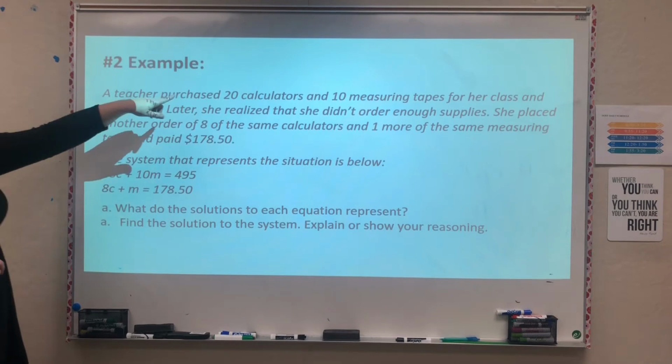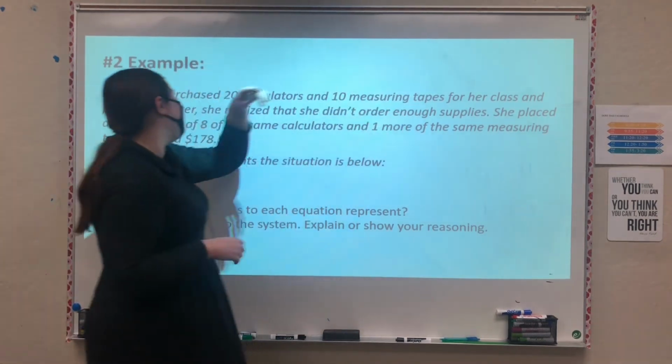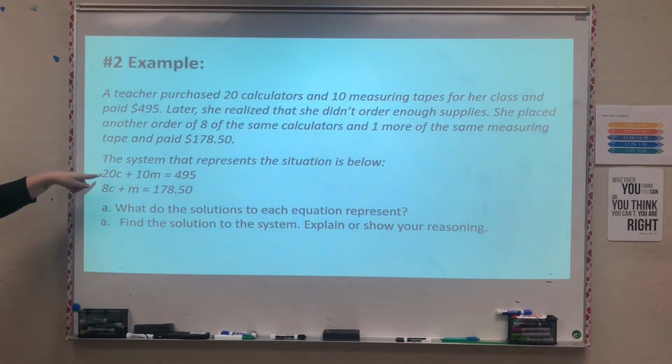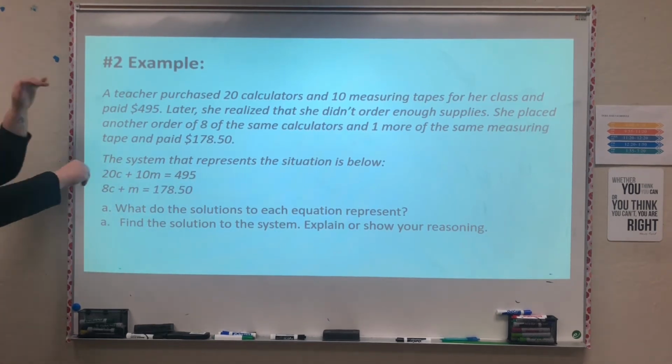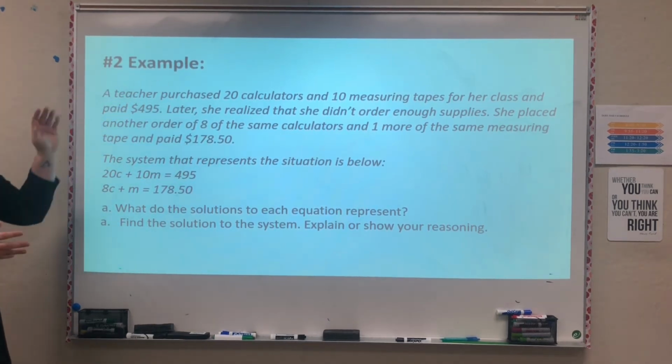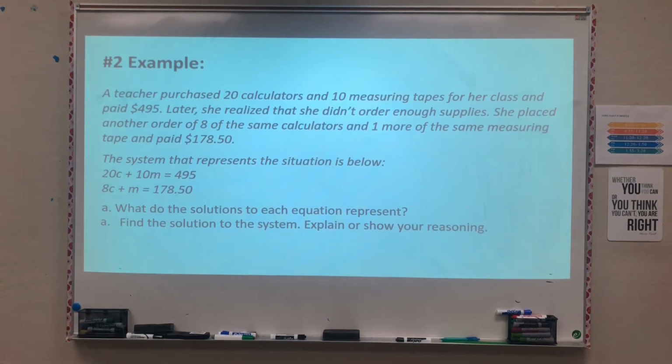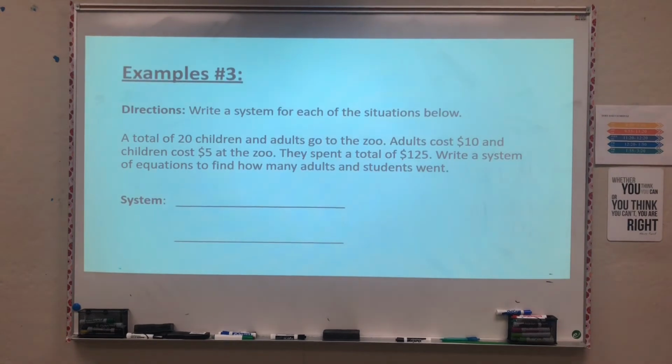So here we've got the 20 calculators, 10 measuring tapes, total cost. I can see that sentence right here. There are times where the information isn't given in such a clear fashion. So I want to focus on how we can get systems from those.